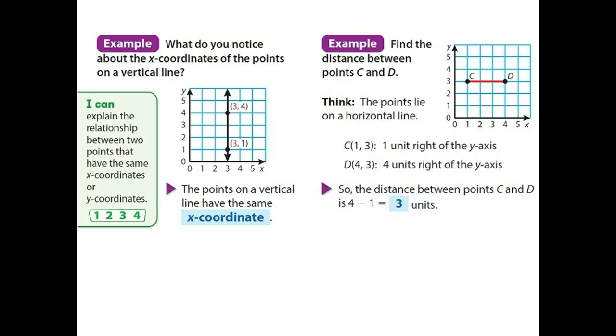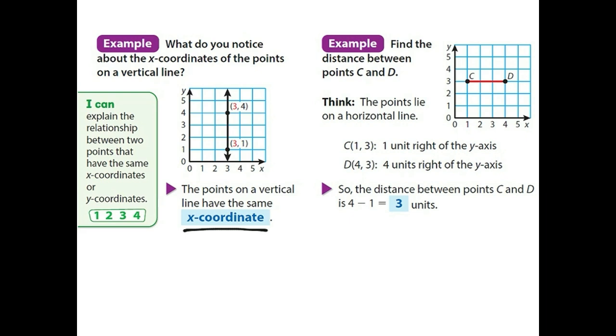So in our examples here, what do you notice about the x-coordinates of the points on a vertical line? The points on a vertical line have the same x-coordinate. And then in our next example here, find the distance between C and D. Think. The points lie on a horizontal line.